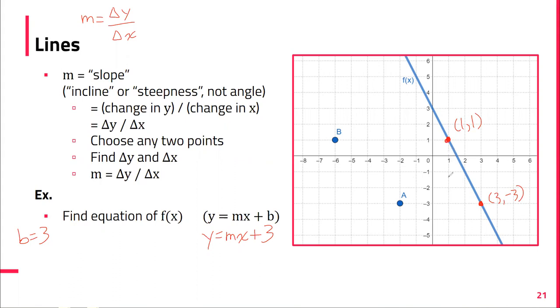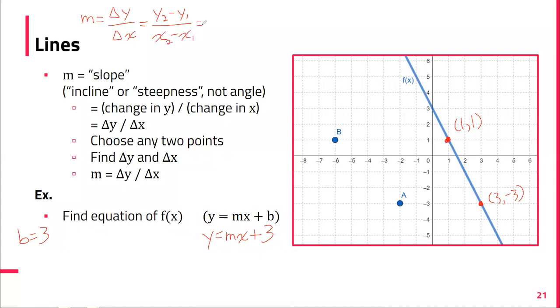We could just count it. What's the change in y? Well, 1, 2, 3, 4 steps, and then 1, 2 with x. Or if we don't have the graph handy, we can just use algebra and the values that we have here. So change in y is y2 minus y1, divided by x2 minus x1.